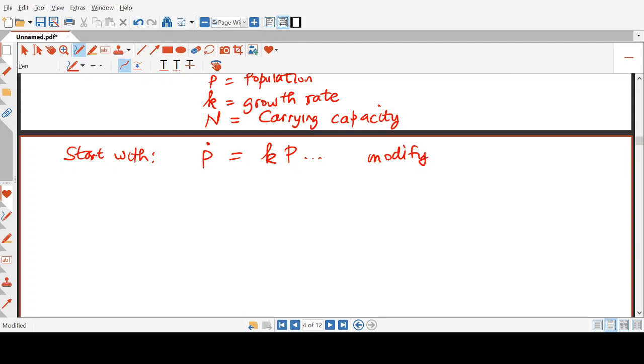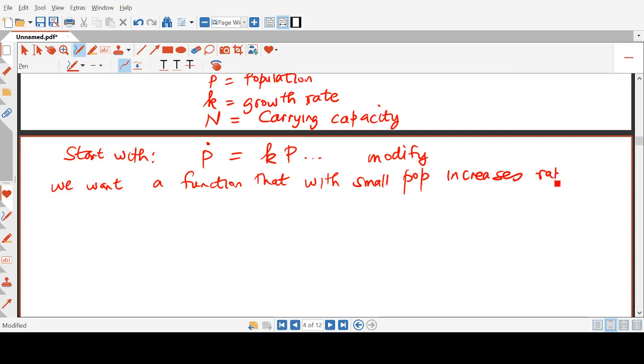Okay? So we want a certain function that, with small populations, increases rapidly, but as the population gets close to N, the carrying capacity, it must slow down.